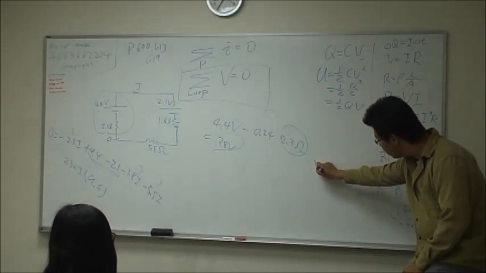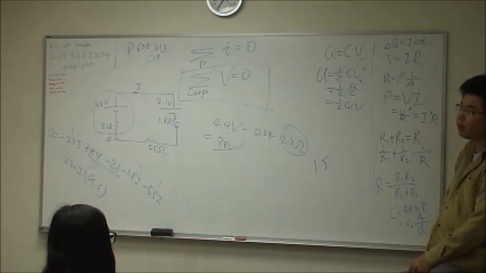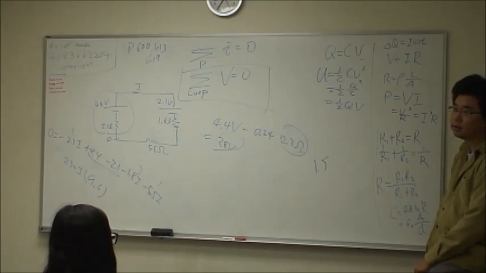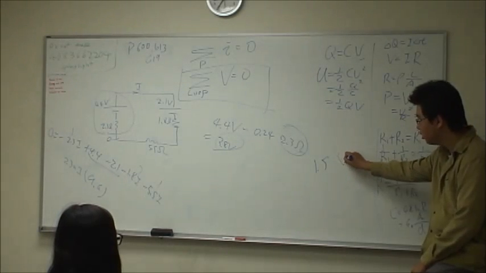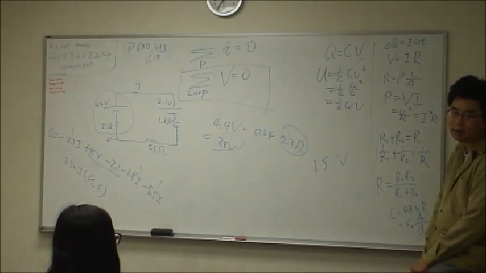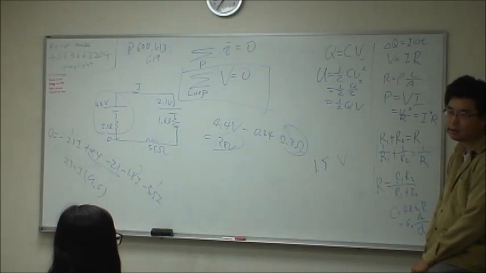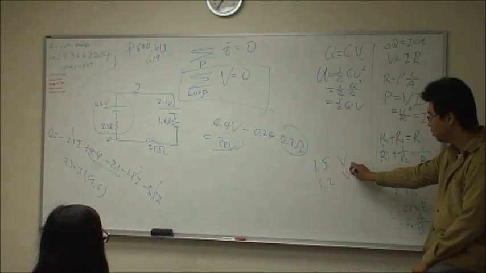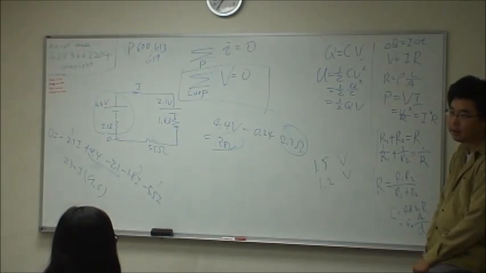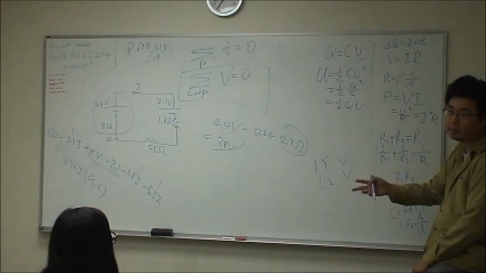Do you know that the normal AA alkaline battery is 1.5 volts, but the rechargeable lithium battery is 1.2 volts, right? And you can interchange them.